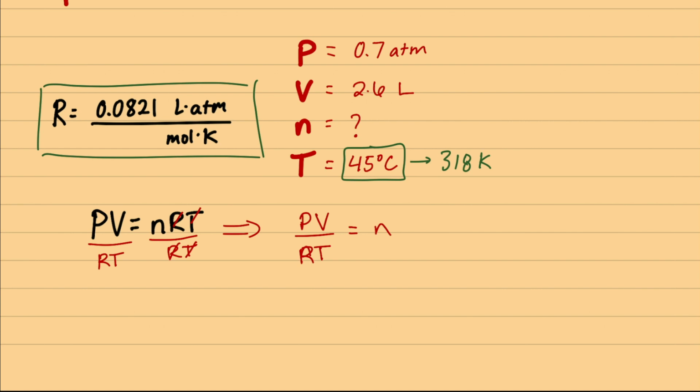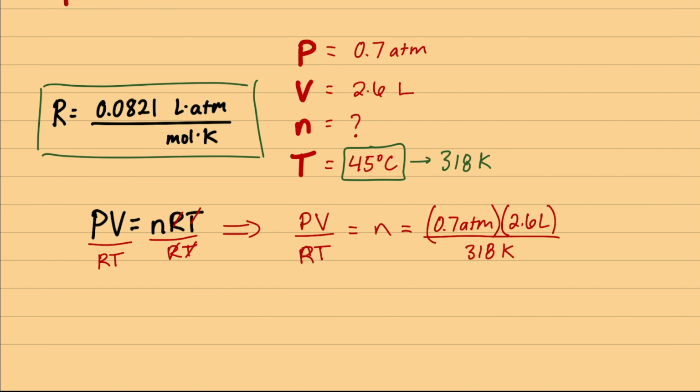I'm just going to plug in my pressure, my volume, my gas constant R, and T. So let's do that. Pressure, what is my pressure? 0.7 atmospheres, 0.7 atm, times volume. My volume is 2.6 liters, divided by my temperature, which is 318 Kelvin.